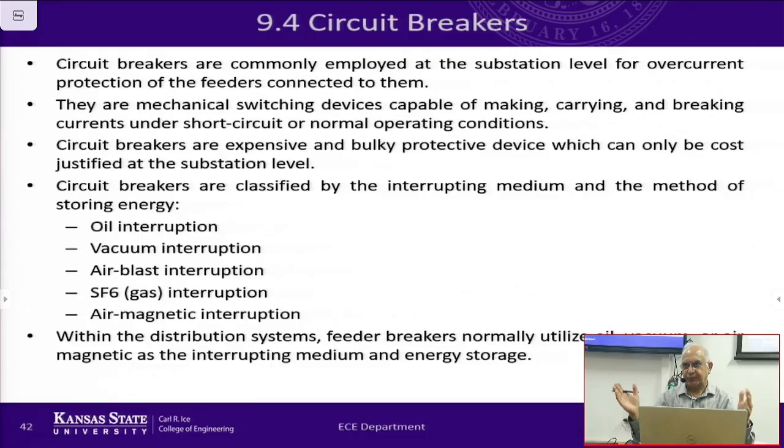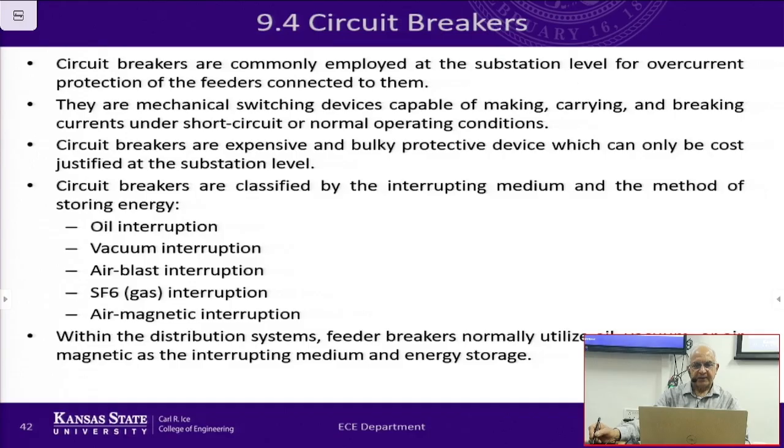They have to be placed right at the substation because there is a transformer, and the transformer itself has to be protected, and then you have a bus, and from the bus you have multiple feeders coming out, so they all have to be protected. They are big and bulky, so they have to be only at the substation.